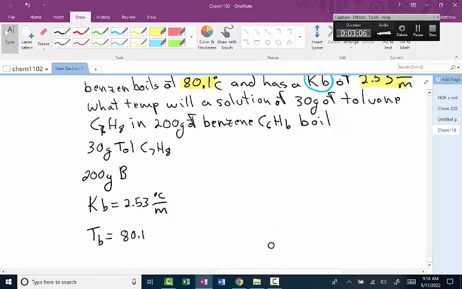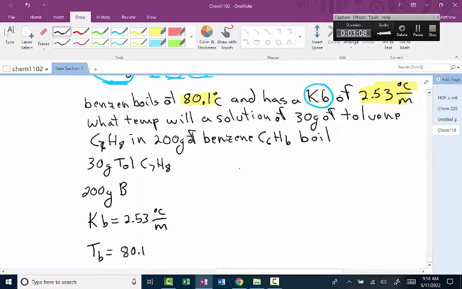So I look at my equation, delta T boil equals i times K boil times the molality, and I'm going to calculate the molality because I have everything I need. I need the amount of the solute and the amount of solvent in blue here. And so I can calculate the molality over here.